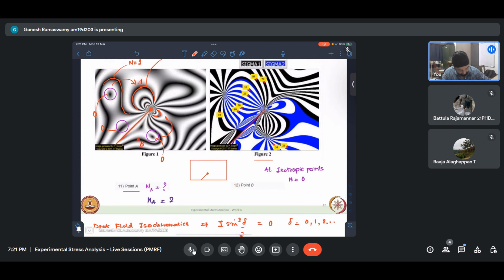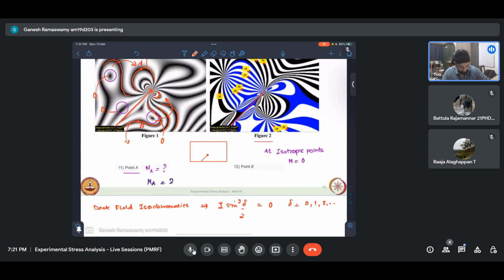If this is 0, then this is my first fringe order. This is second, this is third, fourth, fifth, sixth, and so on. That is how I will count. So I can see that my point B lies on the first fringe order. So my fringe order for point B is 1.